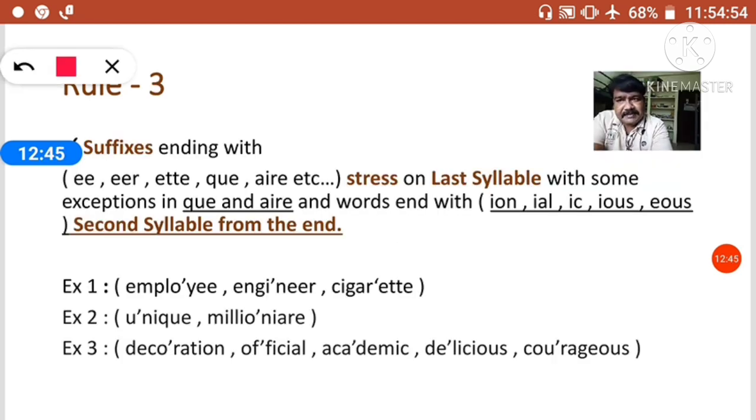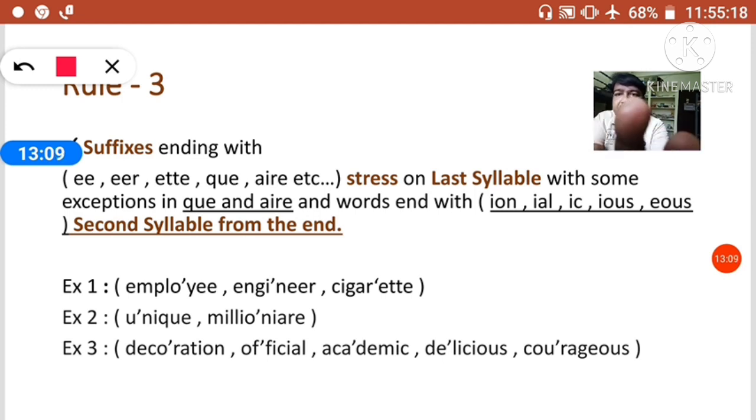Rule 3 is a bigger one. Even though it is bigger, I will make you understand. Suffixes ending with EE, EER, ETTE, QUE, AIRE, etc. The formula is stress on the last syllable, with some exceptions.